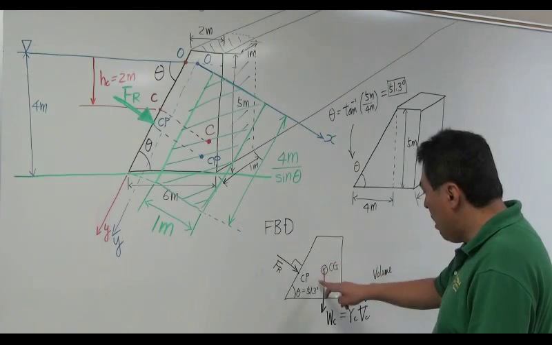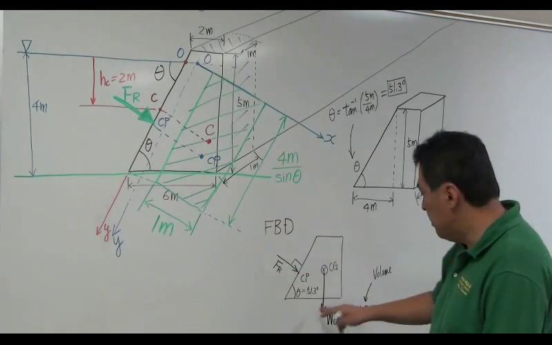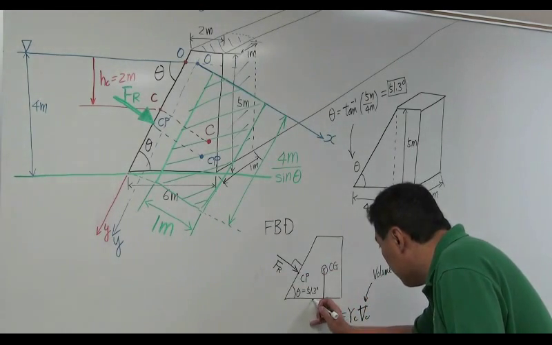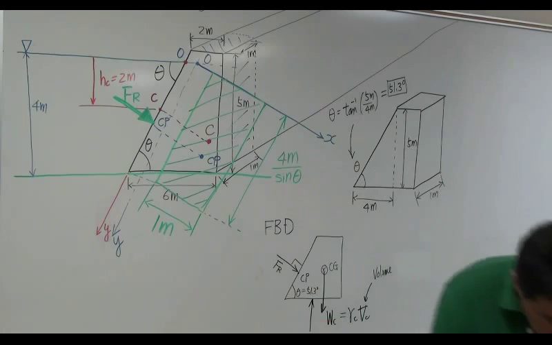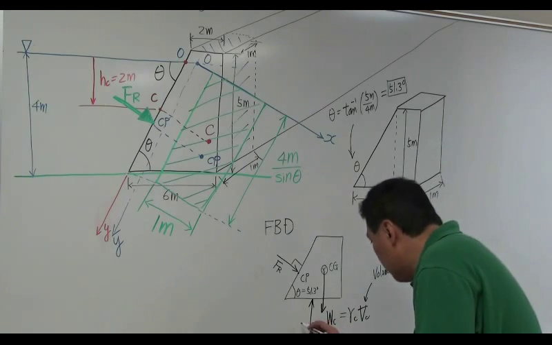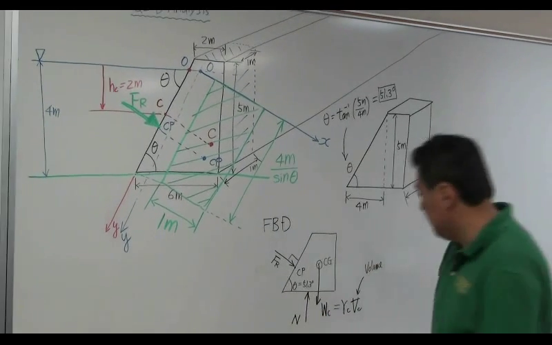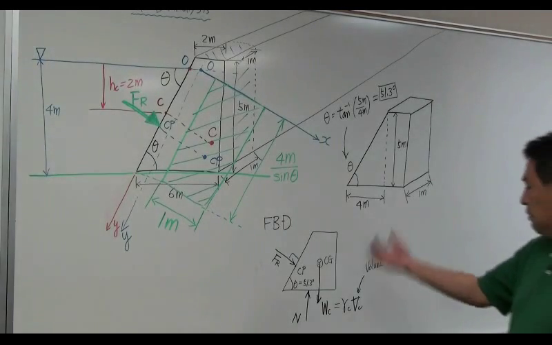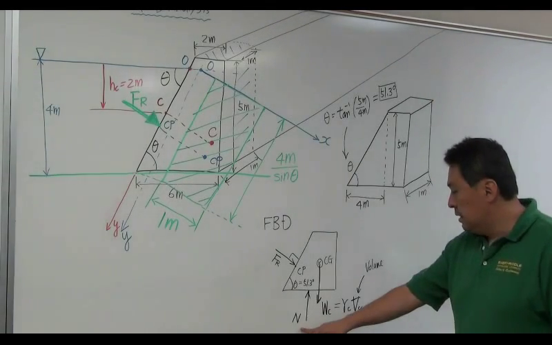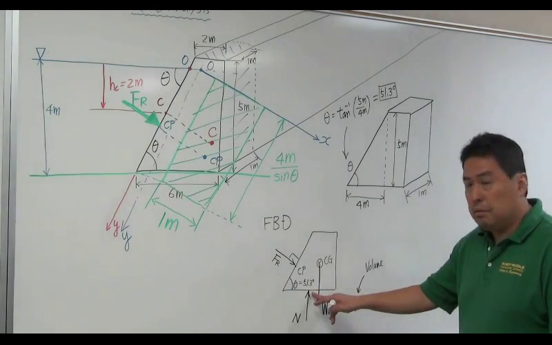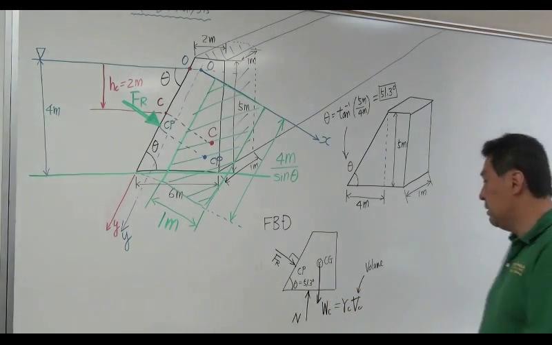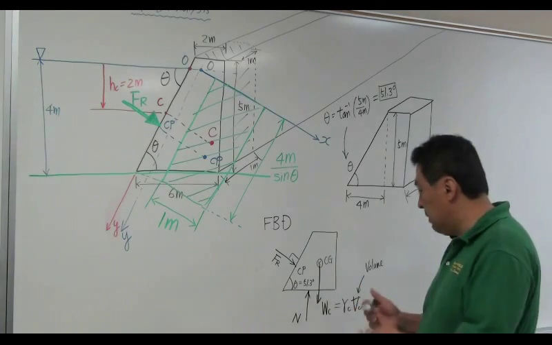If you put this concrete on top of a solid foundation, of course the solid foundation is going to give you a reaction force. This is called the normal reaction force, N. This is the force acting through the centroid of the surface of contact between concrete and solid foundation.